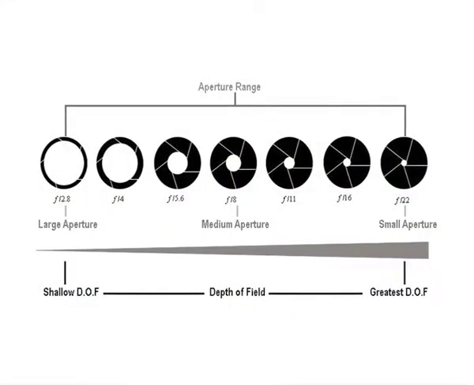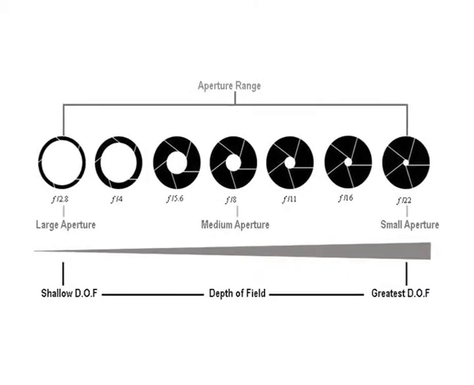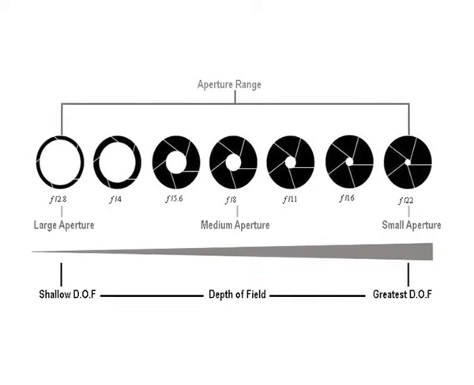The size of the aperture is indicated by its f-stop and is the ratio between the diameter of the lens opening and the focal length of the lens. The aperture works like the pupil in our eye. In darker places, it needs to open wider, and in brighter places, it needs to contract.